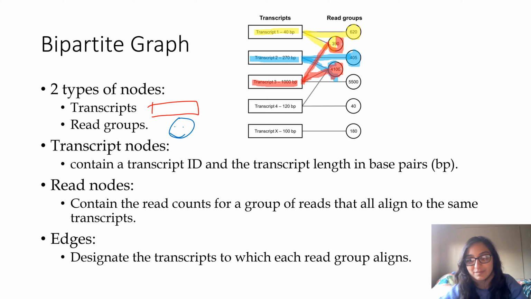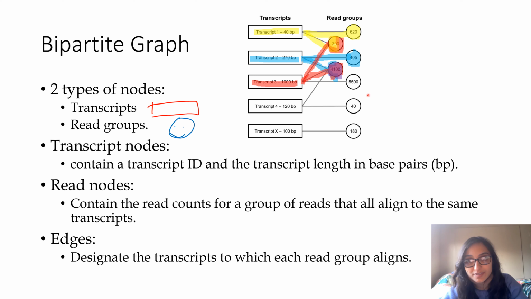So this is becoming all purpley and a little bit messy. This is purple because they're shared here between red and blue, which makes purple, and this is becoming orange. It's shared between these two read groups. The 390 is shared by transcript 3 and by transcript 1.